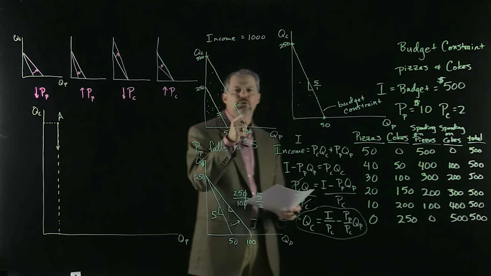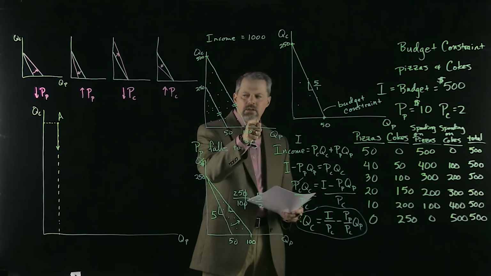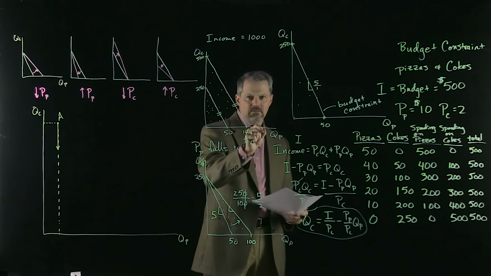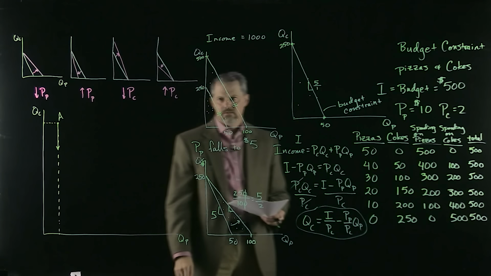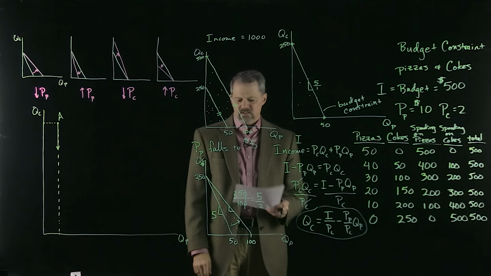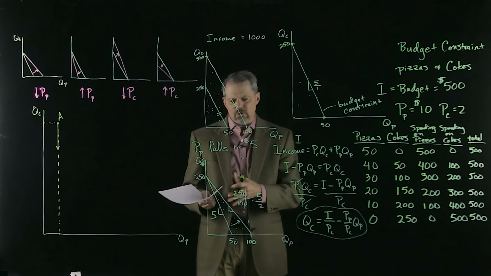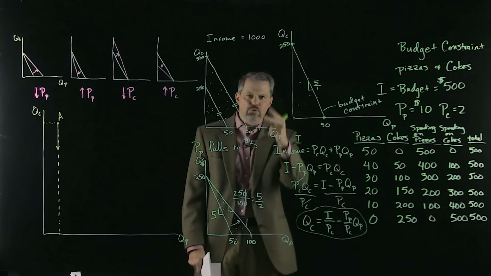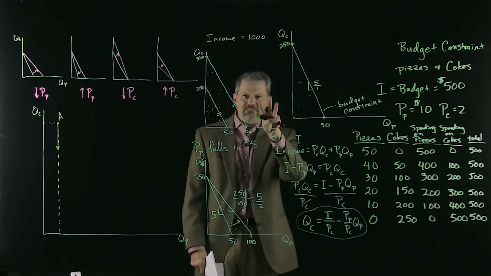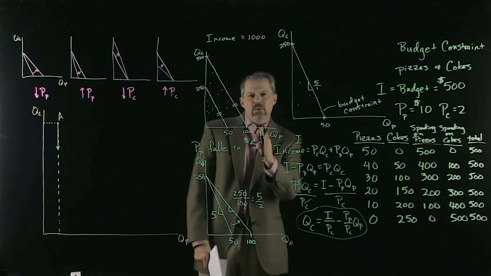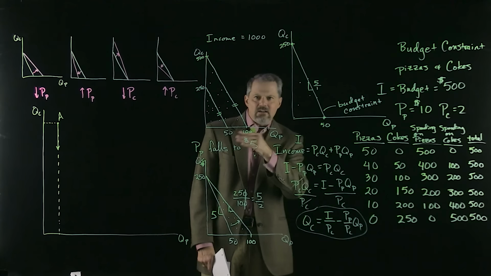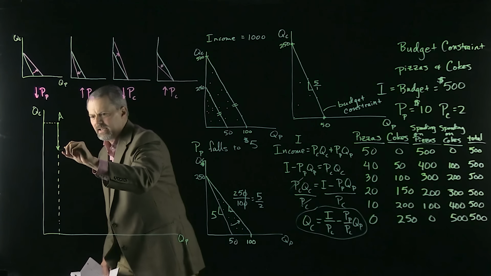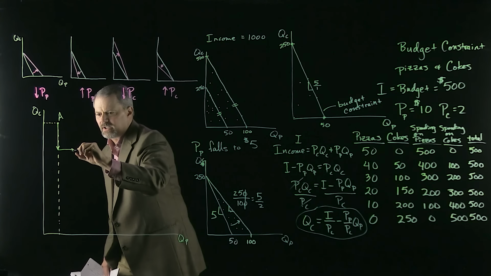How much pizza would I need to give you to where you're indifferent between the new combination and the old one? The old one was where you had 6 Cokes and a half slice of pizza. I'm going to take 2 Cokes away. Now you're only going to have 4 Cokes. How much pizza do I need to give you until you don't care about being at this point and this new point that we're going to call B?